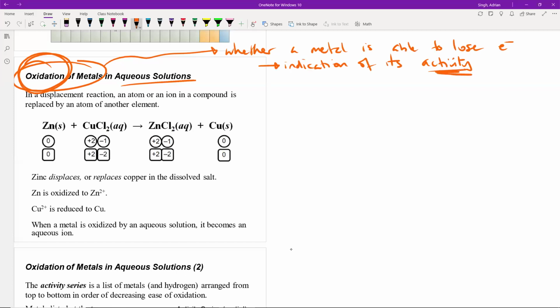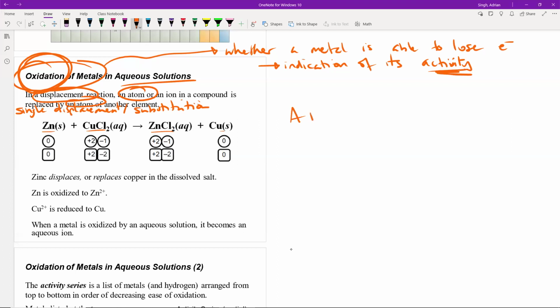Okay, so we're going to talk a little bit more about this. So this is an example here. We have zinc reacting with copper 2 chloride to make zinc chloride and copper. So this is an example of a single displacement, a single replacement or substitution reaction, where you have a metal replacing an atom or an ion, replacing another atom of another element in a compound.